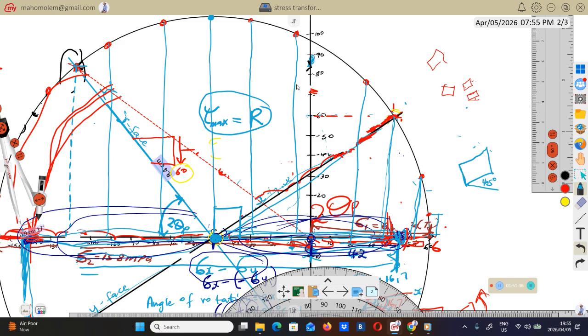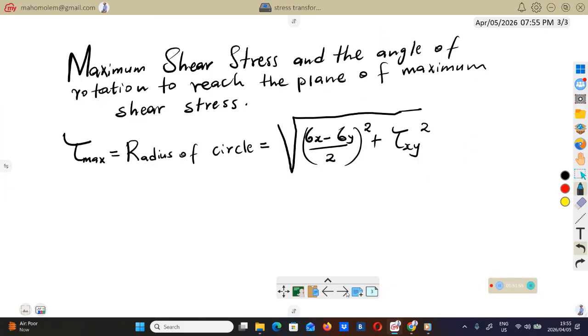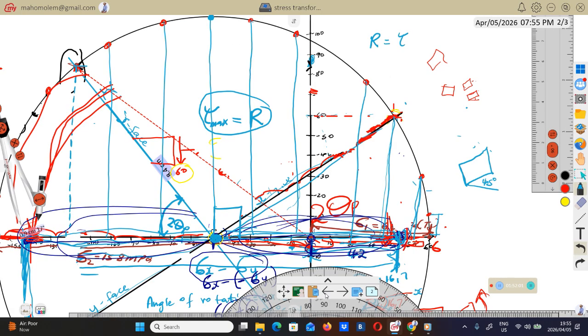So on the formula sheet that you use during exams, somewhere they wrote R. That R is the formula for the maximum shear stress. Or they will give you this formula. This is the formula for maximum shear stress, which equals the radius.